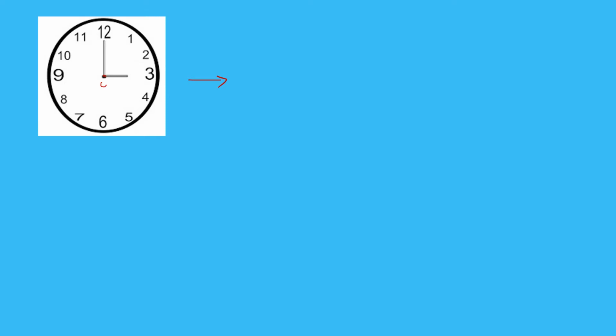Suppose this is O. The position of one hand of the clock is like this and the position of the other hand is like this. So these are two rays and both are originating from the same point. That means here an angle is formed. So we can see an angle here in the wall clock.